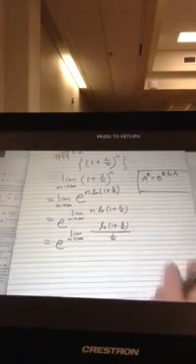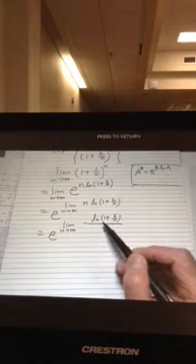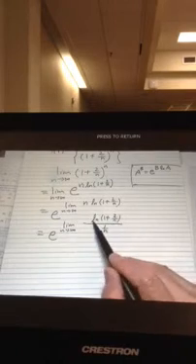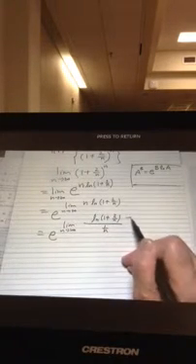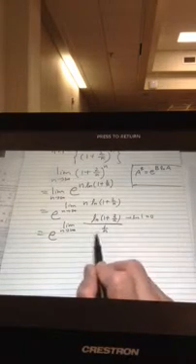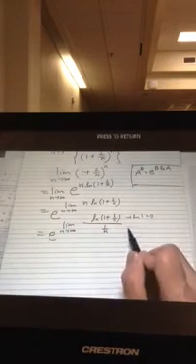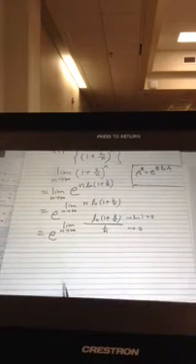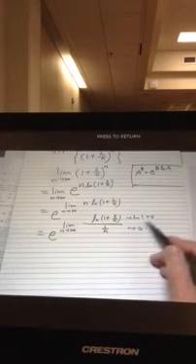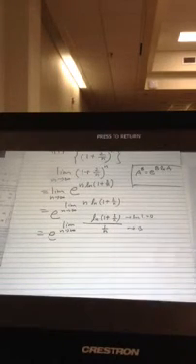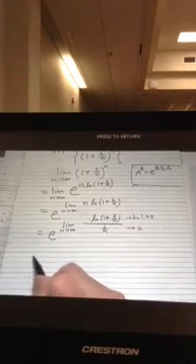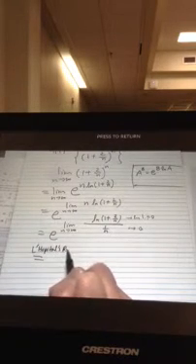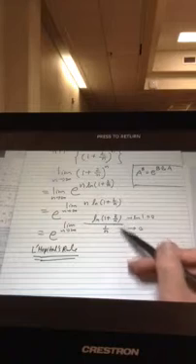When n approaches infinity, the numerator approaches ln 1, which is 0, and 1 over n approaches 0. So it is in the form of 0 over 0, and I can use L'Hopital's rule.